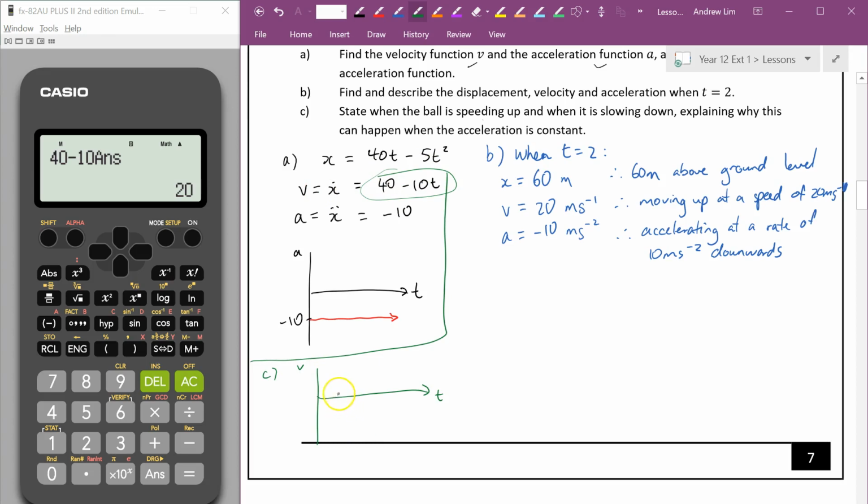Let's just do it 2, 4, 6, and 8. When t is 0, we know that the velocity is 40. When t is 2, that's 20. And then 0, minus 20, and minus 40.